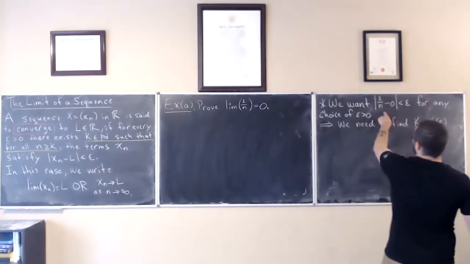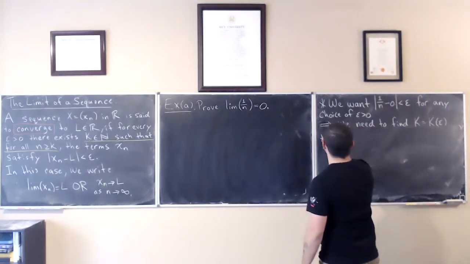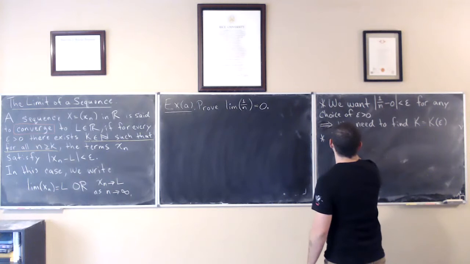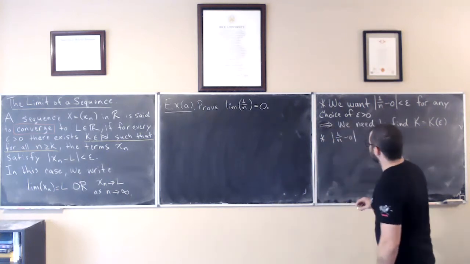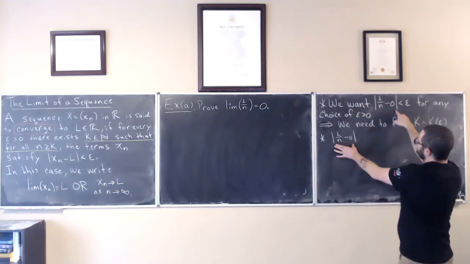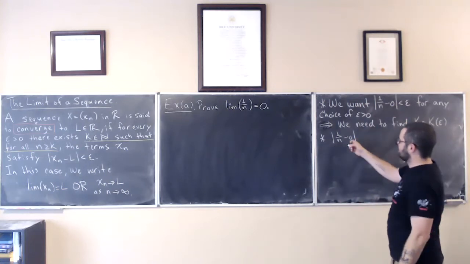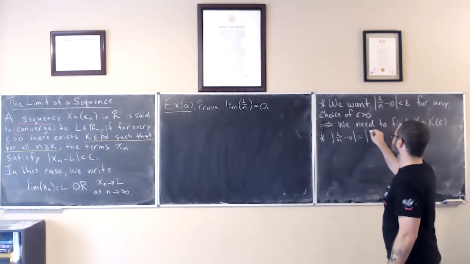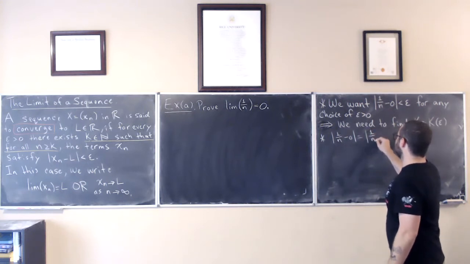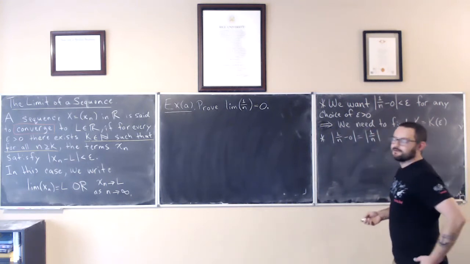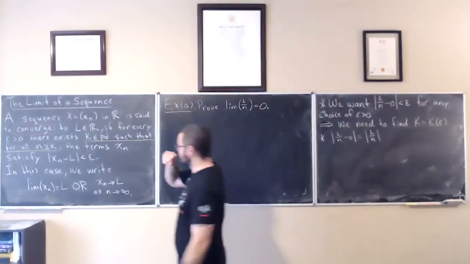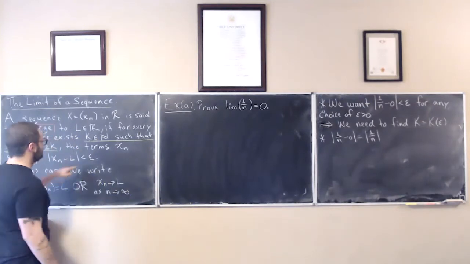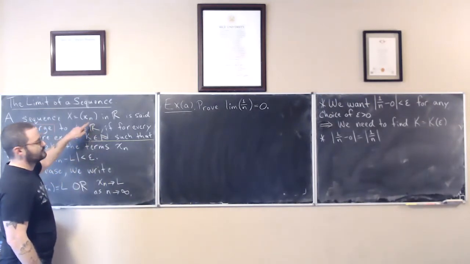So if we want that, we can kind of work in reverse and say, okay, what does this distance mean? Well, that's just 1 over n minus 0, which is the same thing as 1 over n, right? Now n, since xn is a sequence, is just some natural number, right?